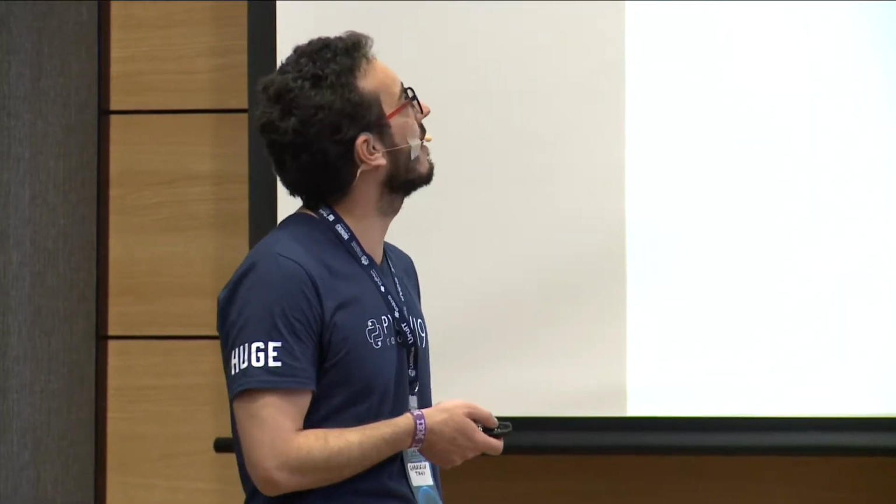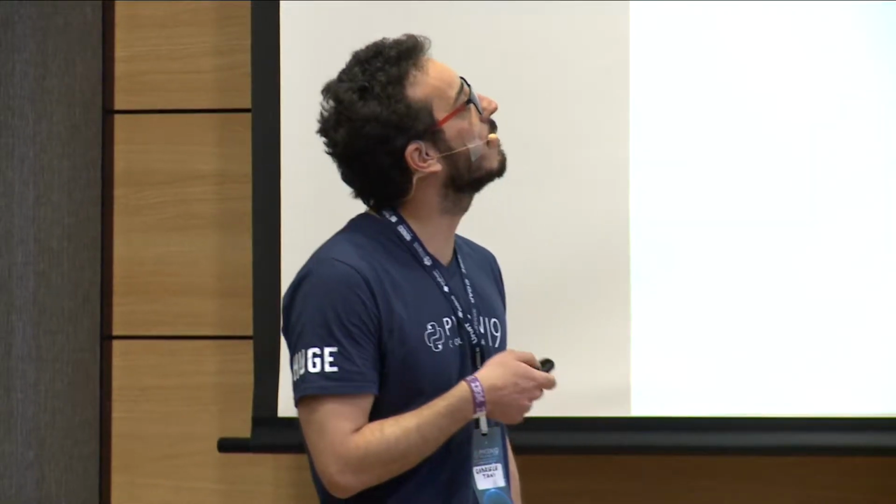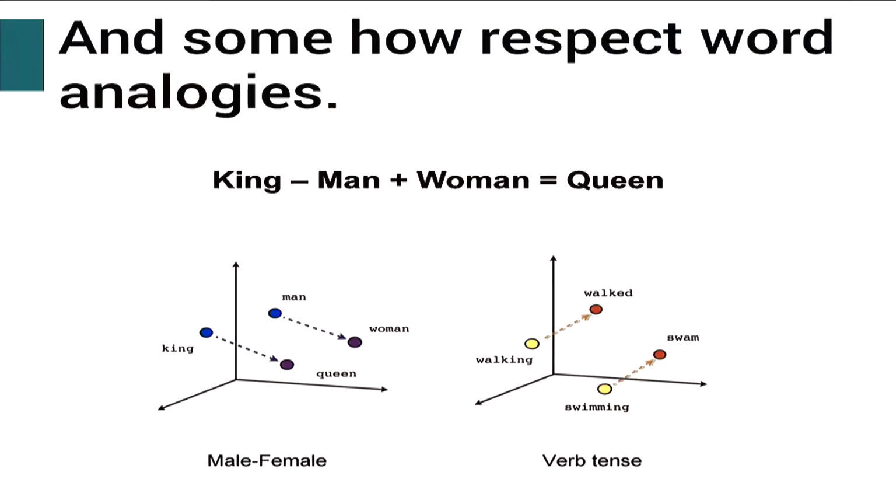Another very nice property we would like of word embedding is word analogies. One of the most famous examples is king minus man plus woman equals queen.